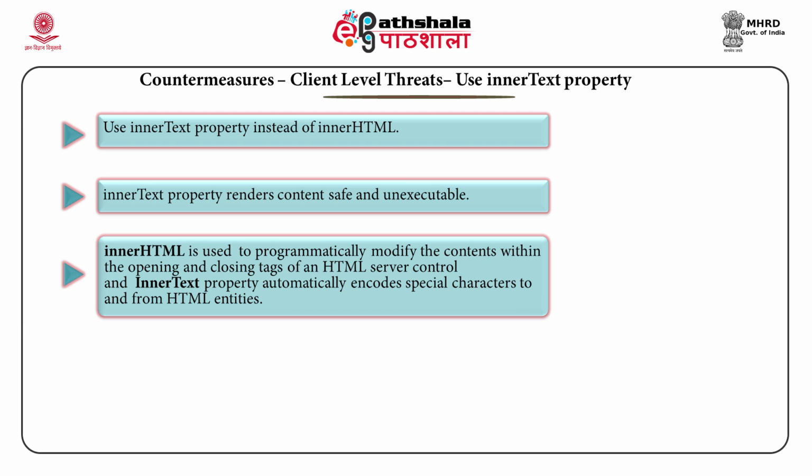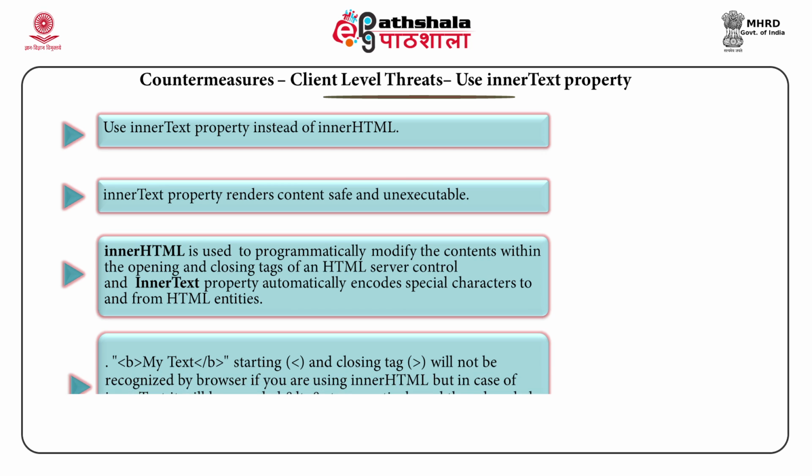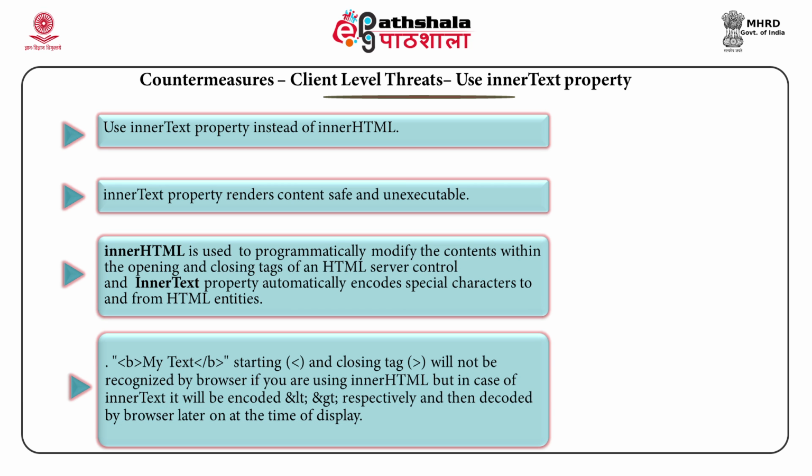For example, if we want to make a text bold, "my text", we have an HTML tag called B. HTML tags are always written between angle brackets, and to end the tag, /B.